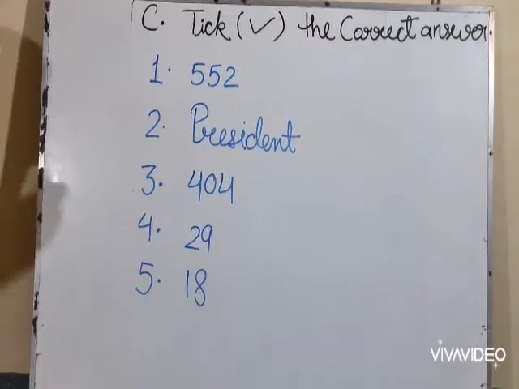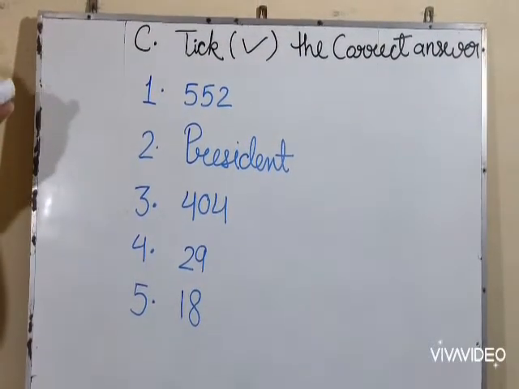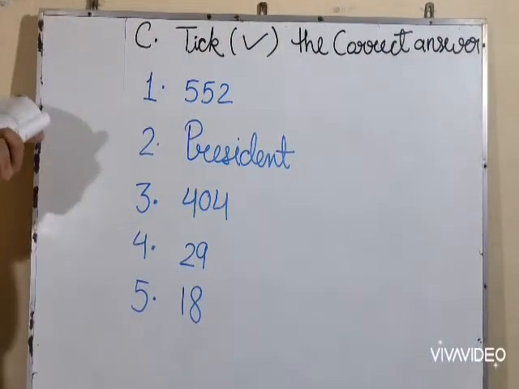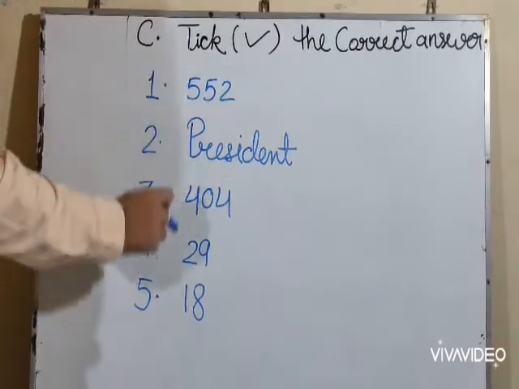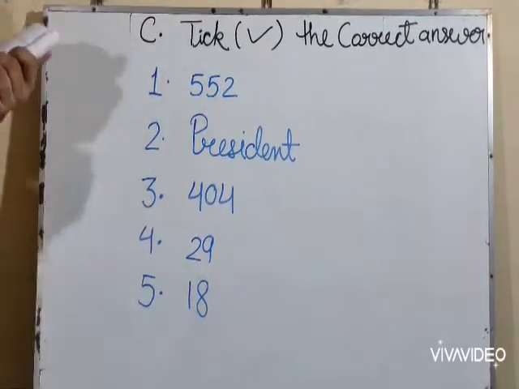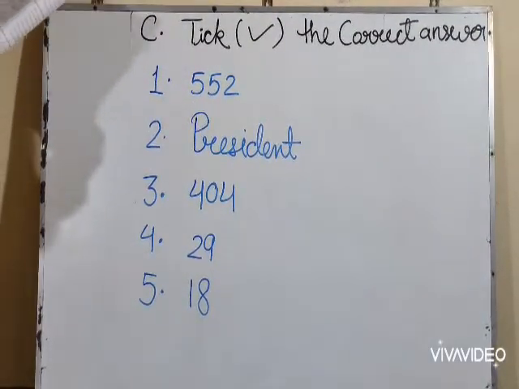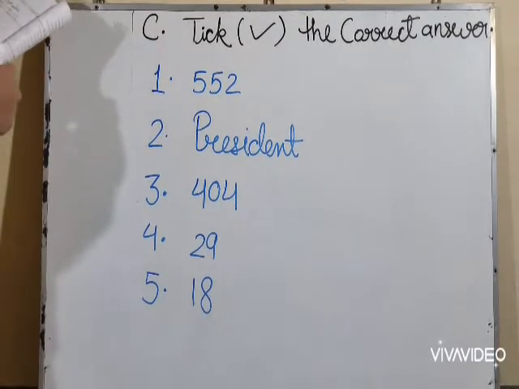Now next exercise is take the correct answers. Here I will read the questions from my book and you have to take the correct answers which are written on the board. The first question is, what is the maximum strength of the Lok Sabha?